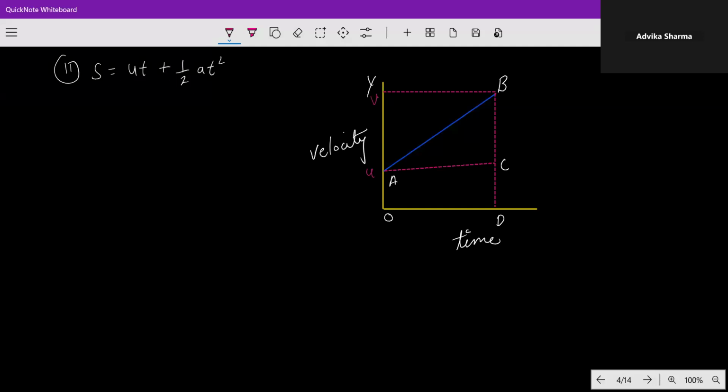Listen, this is the graph. We have initial velocity which is u and final velocity which is v. If we calculate the difference, it is v minus u, right?